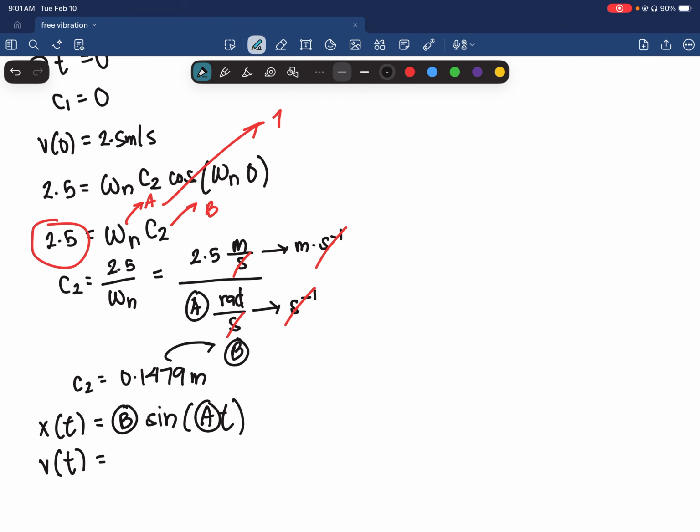So, this is 2.5 cosine, right? And this is At, right?